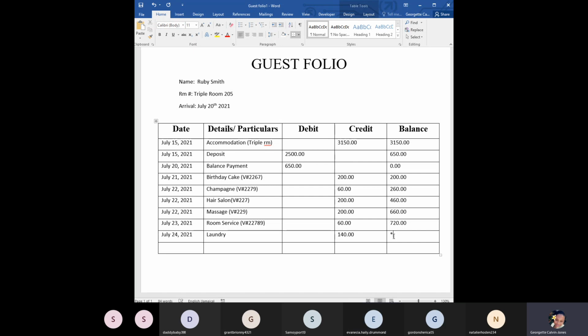Okay. But does anybody realize anything that is happening here? Miss, she's gone over her room charge. All right, good. She has gone over her allowed charge. So what would we do in a case like this?